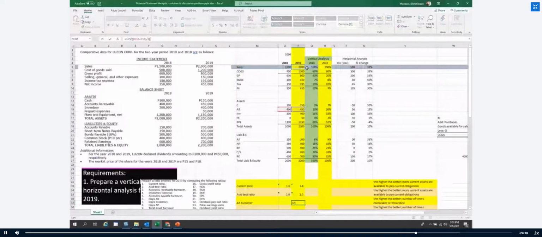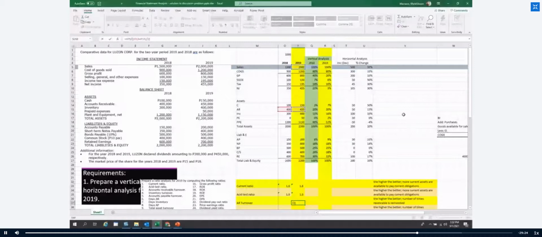In this case, class, what is your beginning AR? Of course, your beginning AR would be the balance from 2018, and then 2019 is your ending balance. So you have to get the average of that to compute for your AR turnover.